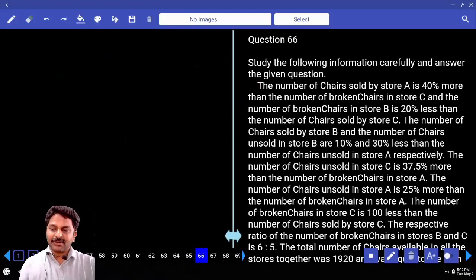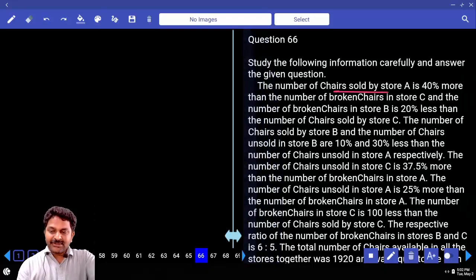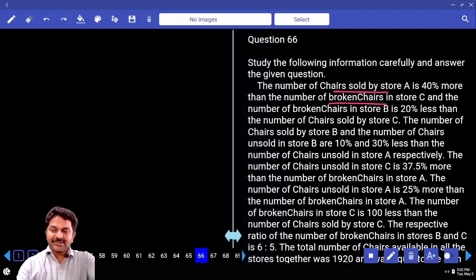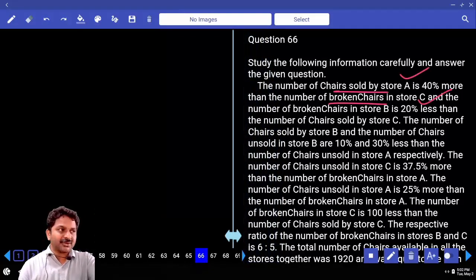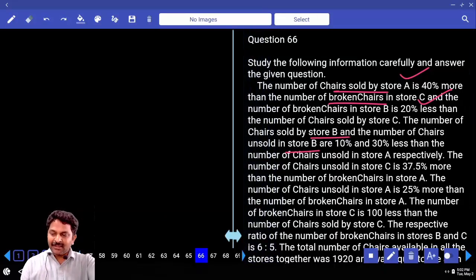The number of chairs sold by store A is 40% more than number of broken chairs in store C. So let us try to understand the information first. They are talking about sold chairs, broken chairs. There are store A and then store C. So obviously B also will be there. If you can find your other data, store B is also there.